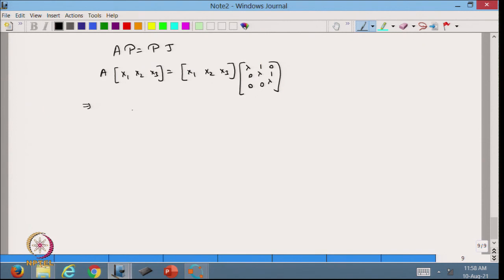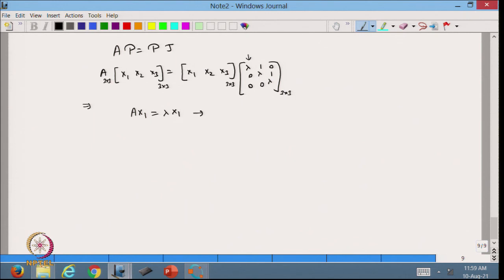I can see from here that A x1 can be written as, taking the first column multiplied by A. Here also, because A is 3 cross 3, it will be 3 cross 3, and this is also 3 cross 3. Now, A x1 I can write by multiplying this column, and that gives me lambda x1.